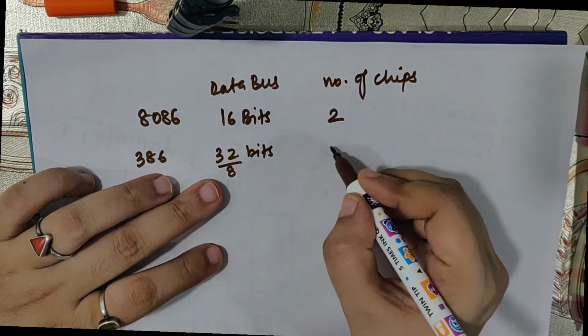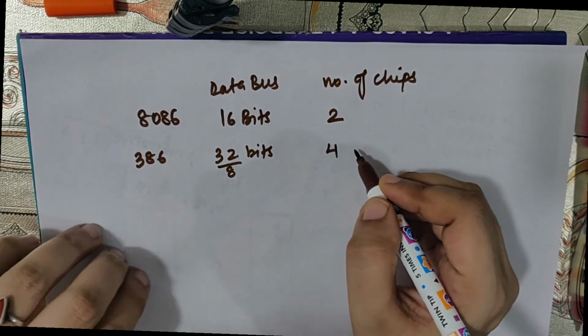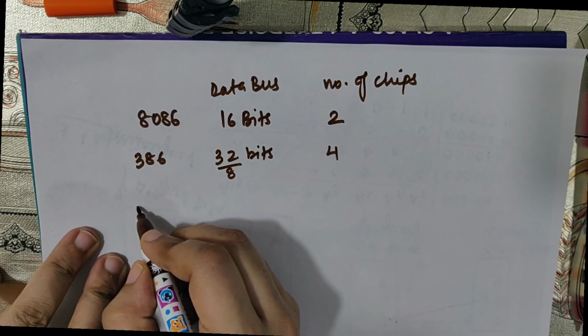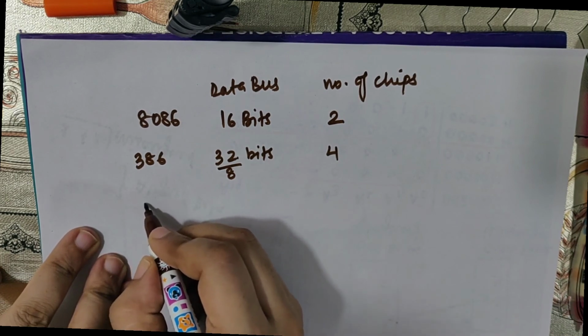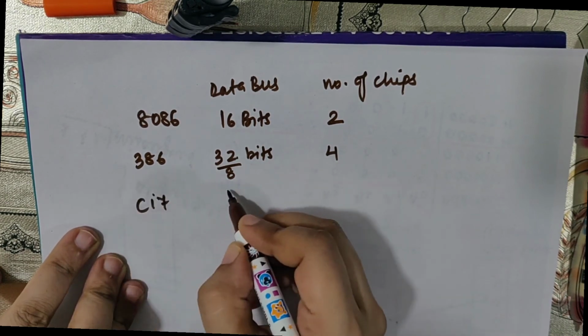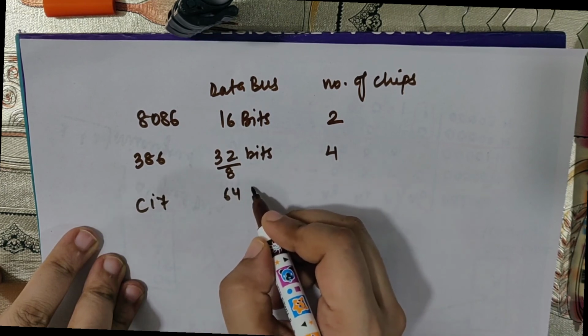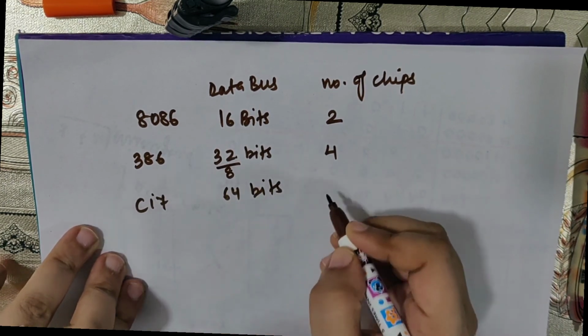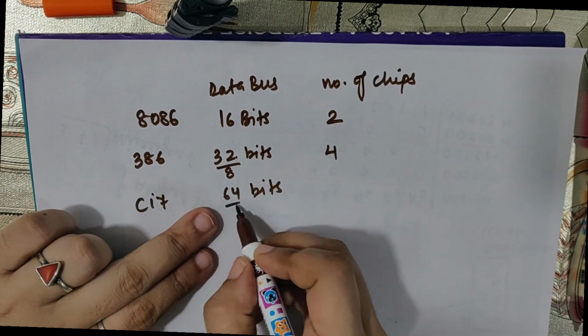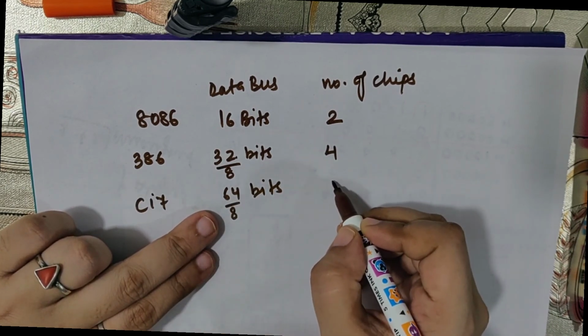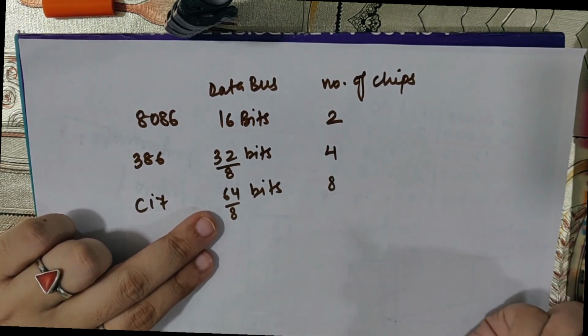So 32 by 8, here we will have 4 chips. If I talk about any modern processor, let's say Core i7, here the data bus is 64 bits. Again, at one memory location 8 bits can be stored, so the total number of chips will be 8.